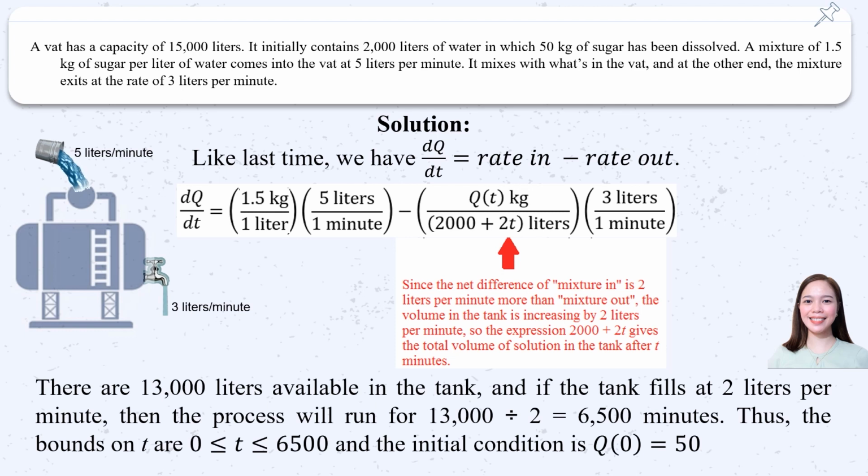There are 13,000 liters available in the tank, and if the tank fills at 2 liters per minute, then the process will run for 13,000 divided by 2, which is equal to 6,500 minutes. Thus, the bounds on t are t is greater than or equal to 0 but less than or equal to 6,500. And the initial condition is Q(0) = 50.